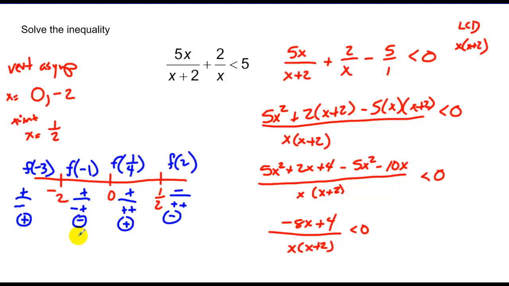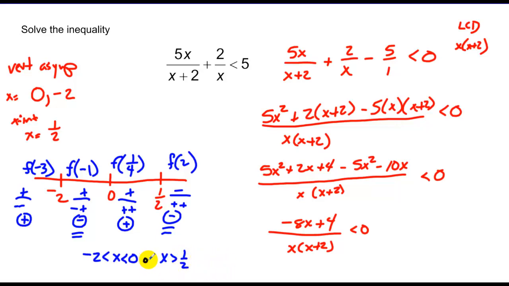which means that the values that are less than 0 are all my negative values right here. So I have the values between -2 and 0, as well as those values that are greater than 1/2.